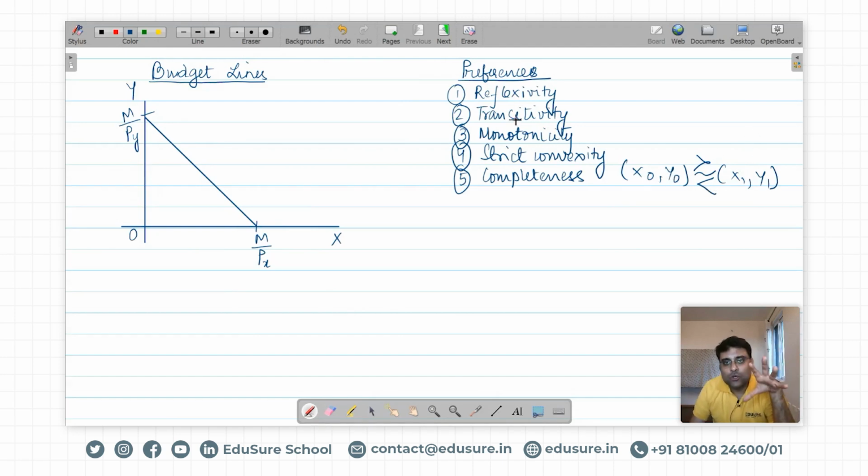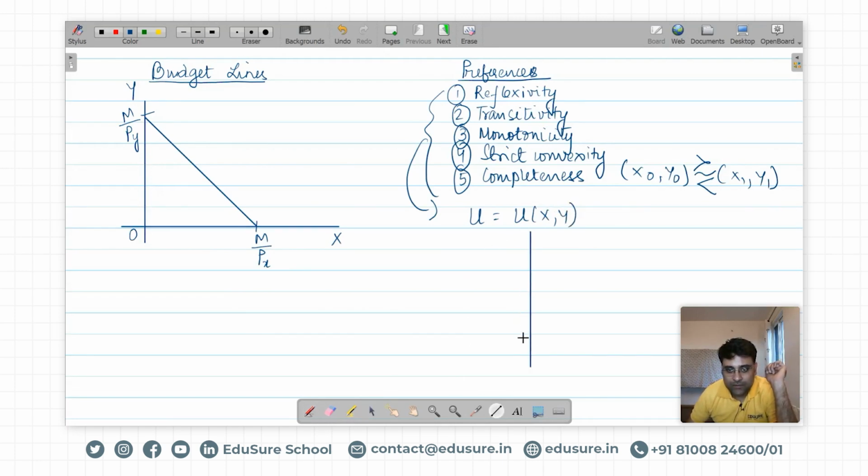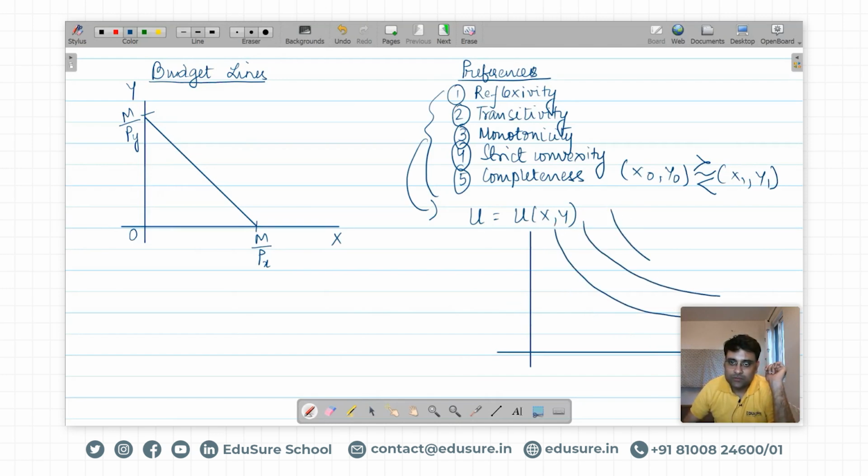Based on all these preferences, we get something called a utility function. We were able to talk about indifference curves, and we saw that if indifference curves have to satisfy all the properties, they would give us curves like this.